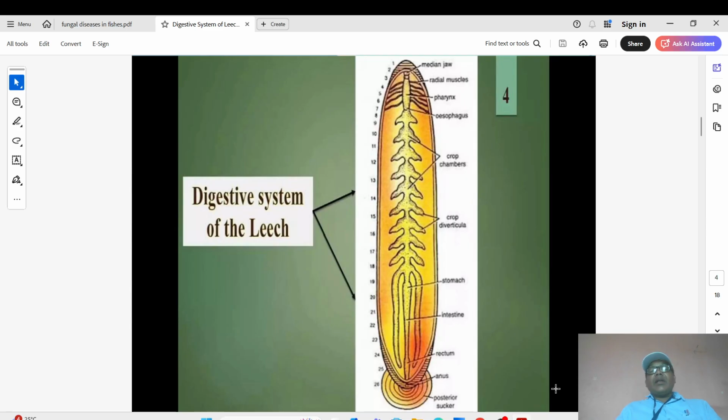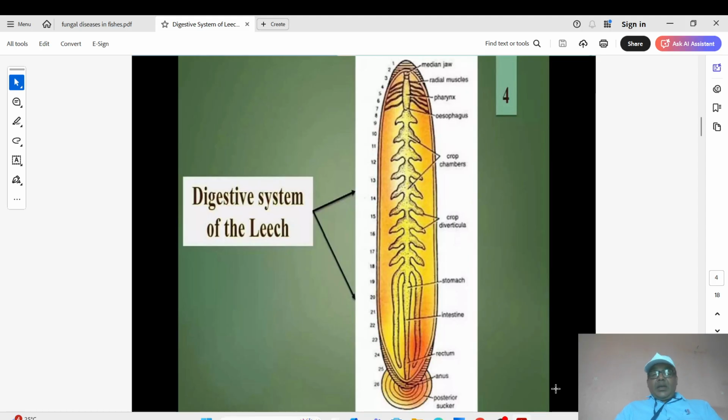Then below the pharynx, the esophagus is clearly seen. And see the large number of crops. These crop pockets or crop chambers are filled with blood. Now there are near about 10 crops.